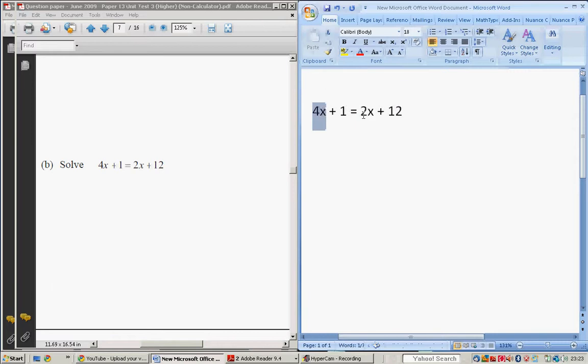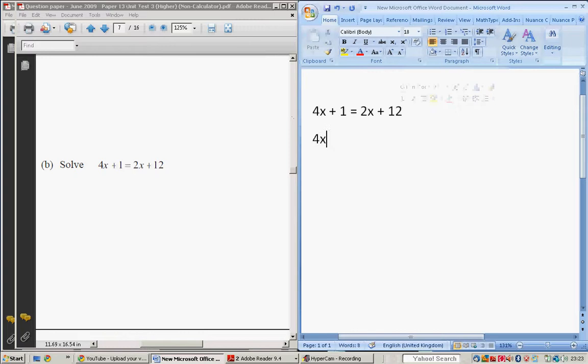This side has 4x. This side has 2x. So this is plus 2x, it's not minus 2x. So we do the inverse, which is maths for opposite. We subtract 2x from both sides in order to get rid of the x's from this side, and we'll only have x's on the other side.